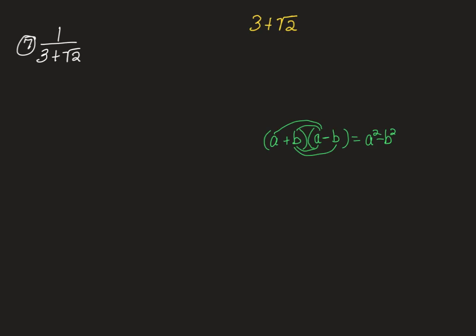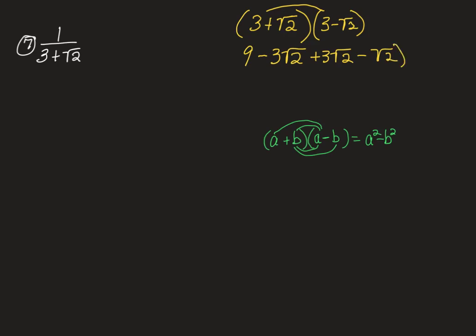So if we have this 3 plus the square root of 2, if we follow the pattern and multiply that by 3 minus the square root of 2, and once again we distribute, 3 times 3 is 9, 3 times the negative square root of 2 is negative 3 square root of 2, and square root of 2 positive times positive 3 gives us a positive 3 square root of 2, and then we have a negative square root of 2 squared.